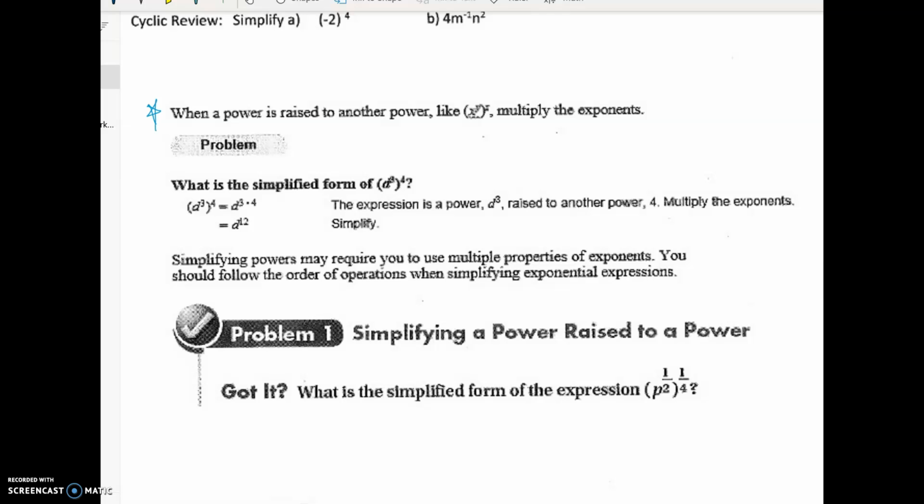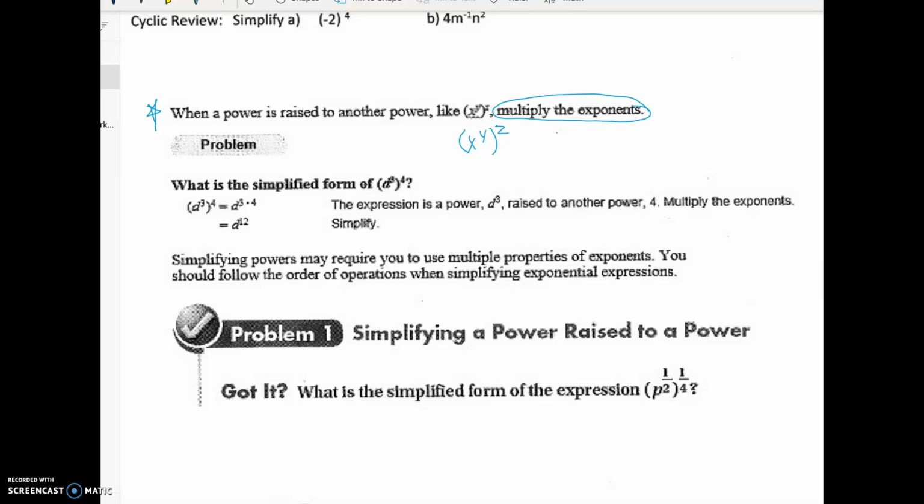When we have a power that is raised to another power, like this example here, I think that's x to the y power, which is then raised to the z power. When you have something like that, we would multiply the exponents together.